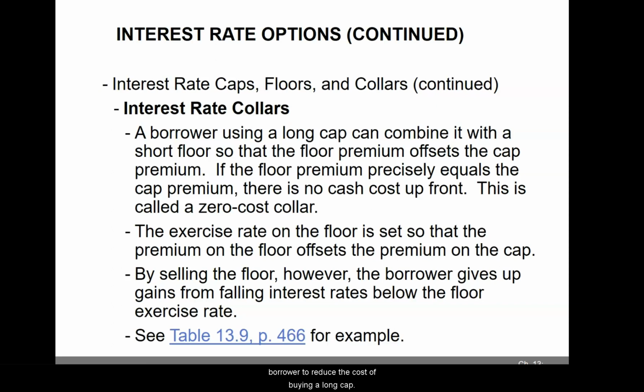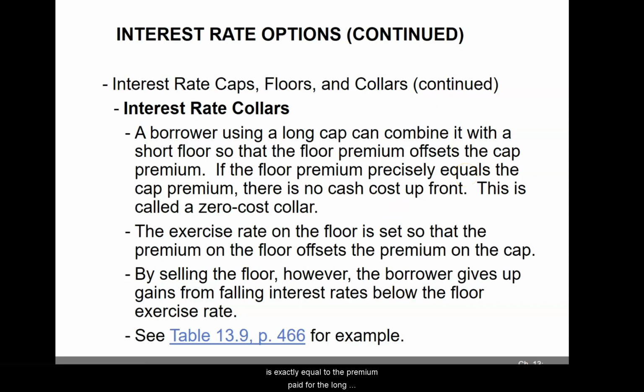When the borrower goes short the floor, the premium received from selling the interest rate floor offsets some of the cost of buying the long interest rate cap. It may be possible in some cases to have a zero cost collar where the premium received from selling the floor is exactly equal to the premium paid for the long cap.